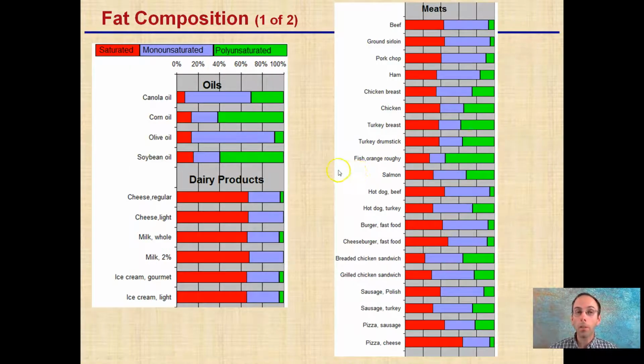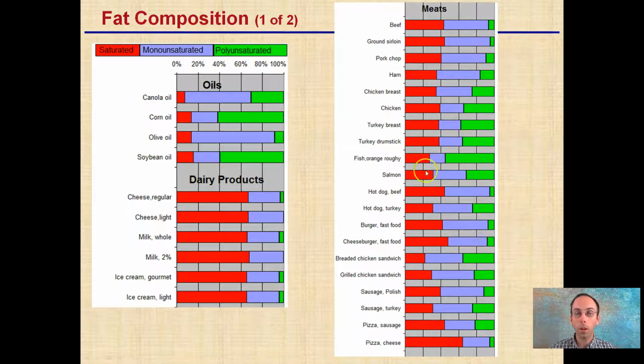Comparing our fat composition, oils, as I said, have less of those saturated fats and a greater portion of monounsaturated, which would be one double bond, or polyunsaturated, which would be multiple double bonds. With dairy products, you can see a much higher portion of saturated fats and little to almost none of polyunsaturated fats.